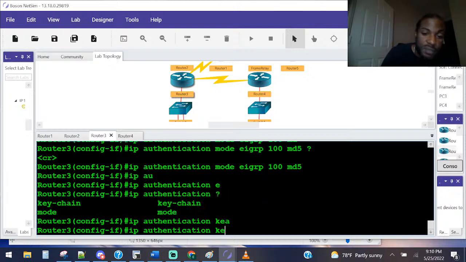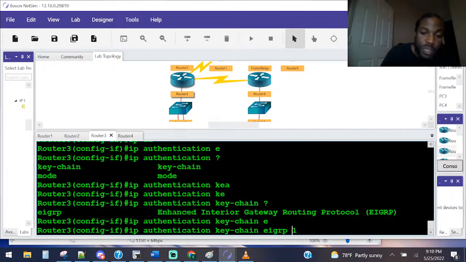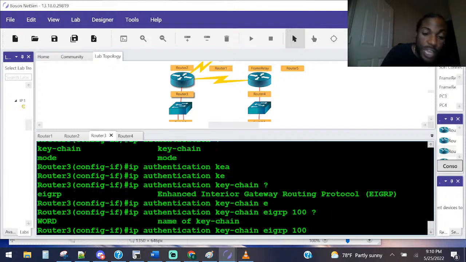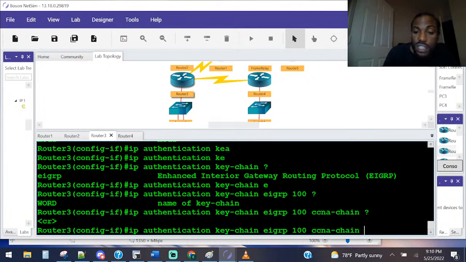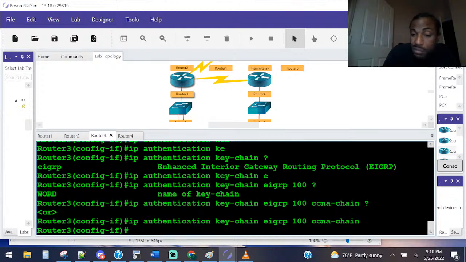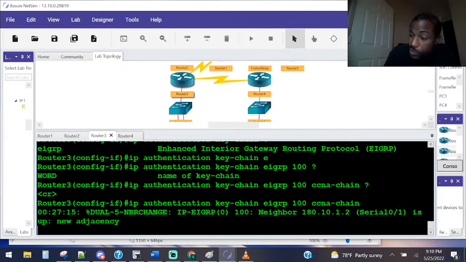Keychain, EIGRP 100. The name of the keychain is CCNA-chain, right? Because what was boson? That's the key string. Press enter. That should bring it back up. Wait for it. There it is. It came back up right there.